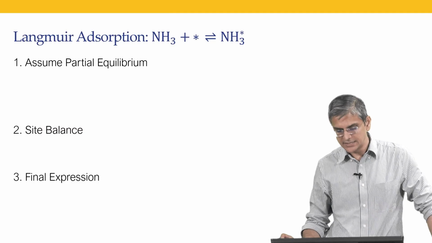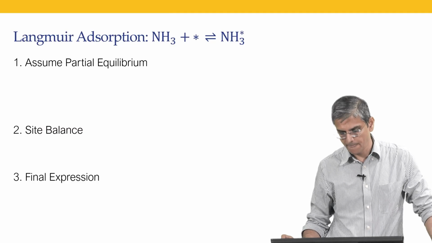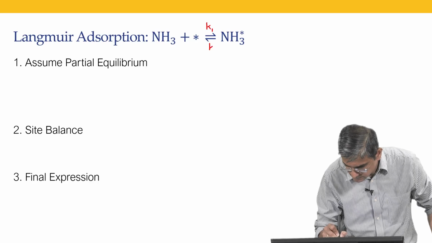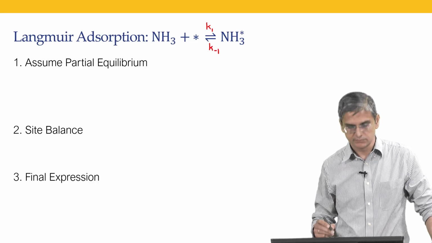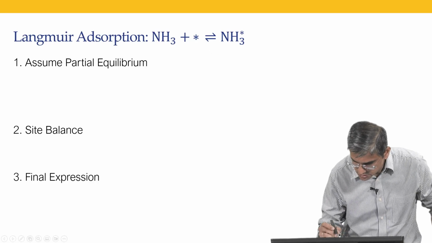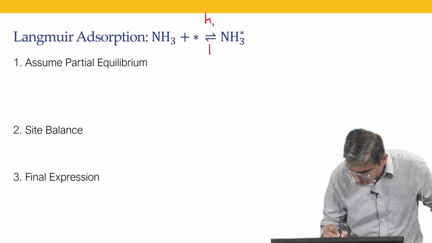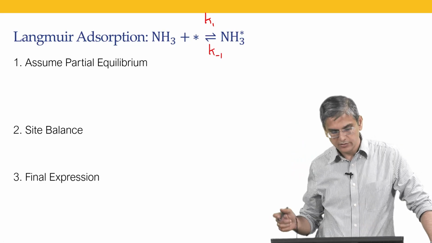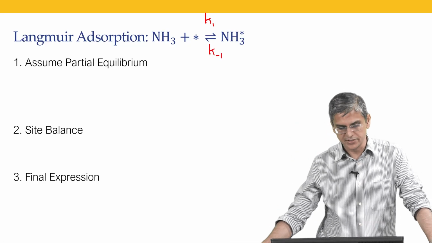So, let us take this example. The rate constants are K1 and the system is in partial equilibrium.